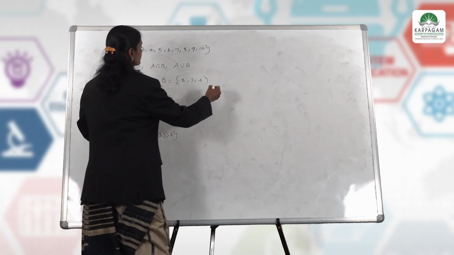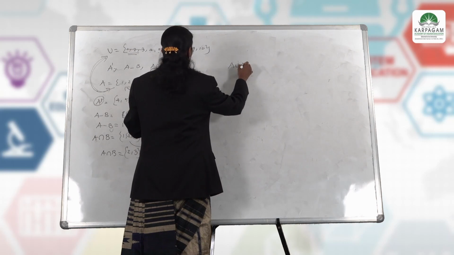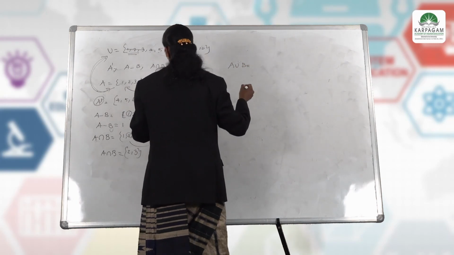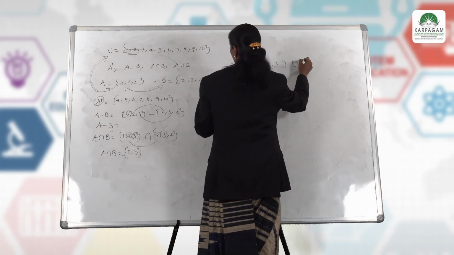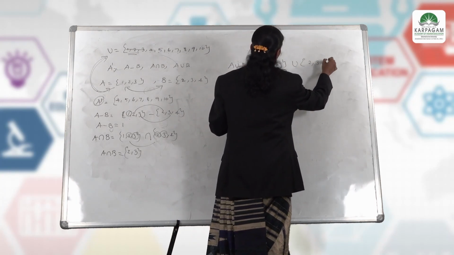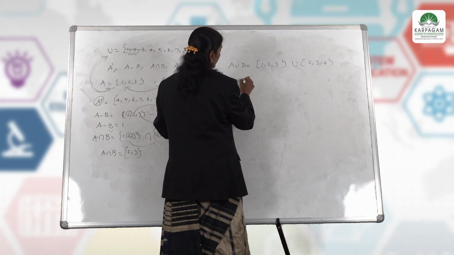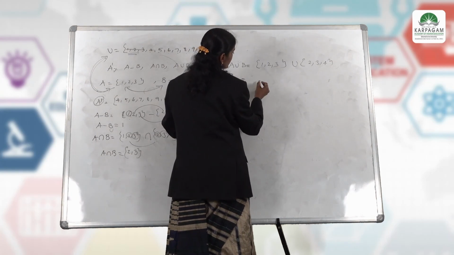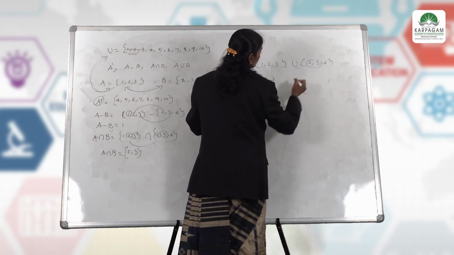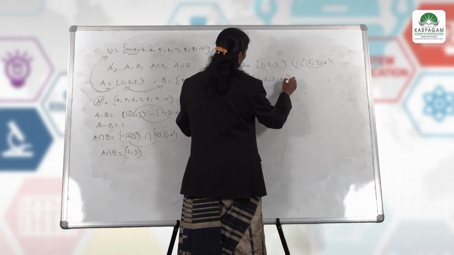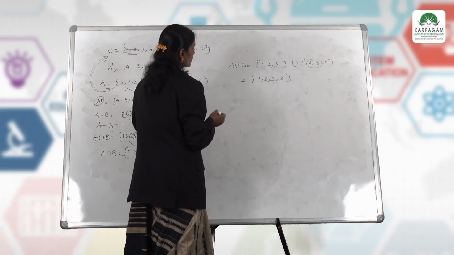And A union B. So what is A union B? {1, 2, 3} union {2, 3, 4}. We have to combine both sets, but you have to write each element only one time. So 1, 2, 3 already written, 2 and 3 repeated. So A union B is equal to {1, 2, 3, 4}.